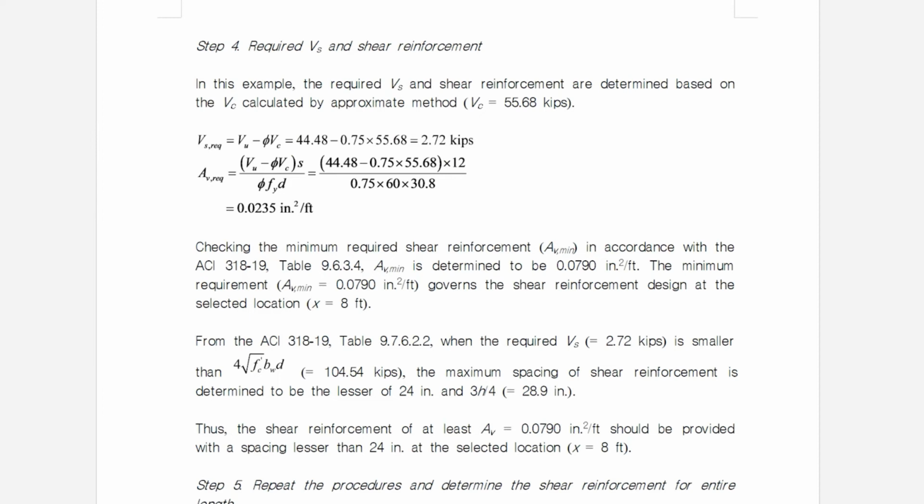Well, it's not smaller than phi VC, so slightly greater than that. Anyway, you compare with the AV minimum. That's 0.079 inch square per foot. So it's way greater than calculated. So we got to use 0.079 inch square per foot.